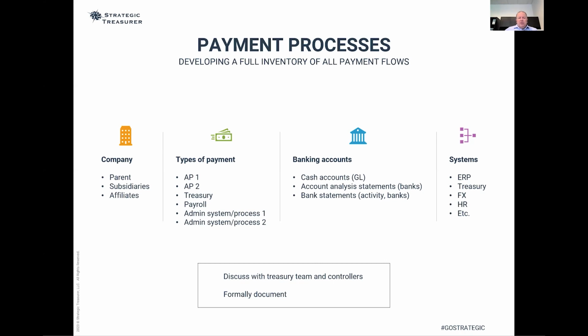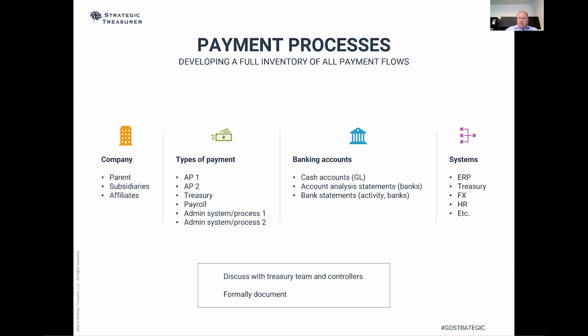In the US, you might think of ACH or wire, maybe running through different channels, real-time payments. And as you cross the globe, there's a range of different payments. So there are different flows, different cycles that need to be looked at. At the same time, they're going through different bank accounts. So the inventory is: look at all the different entities, examine the different payment types.